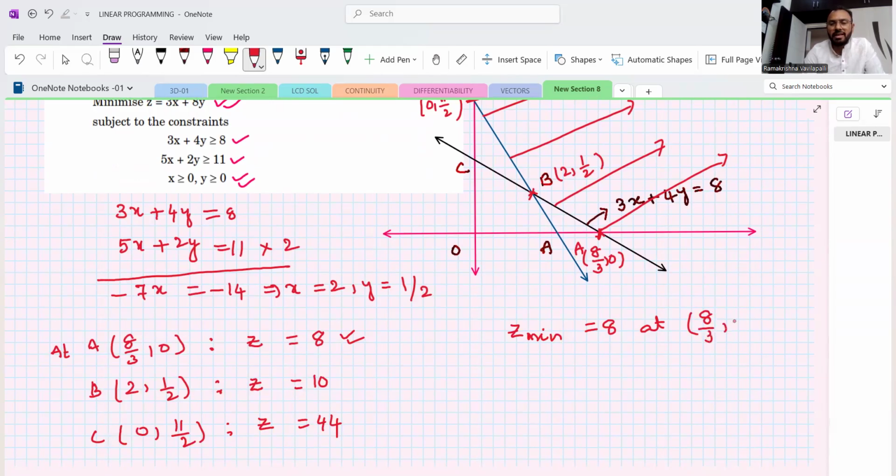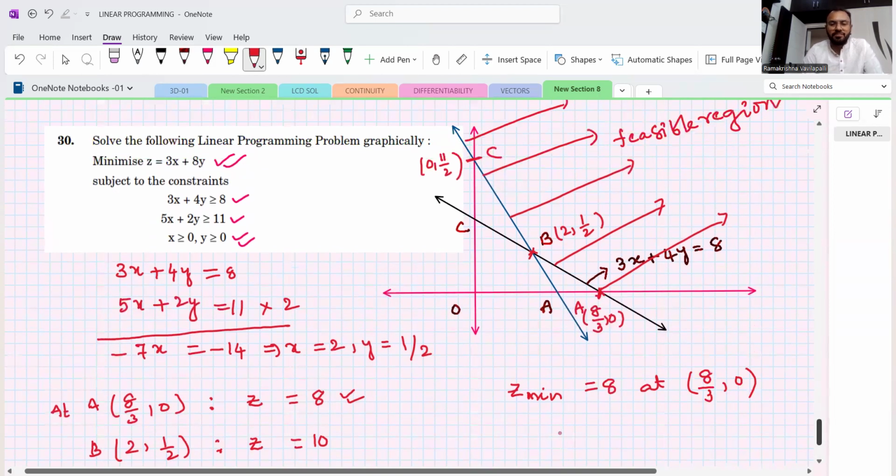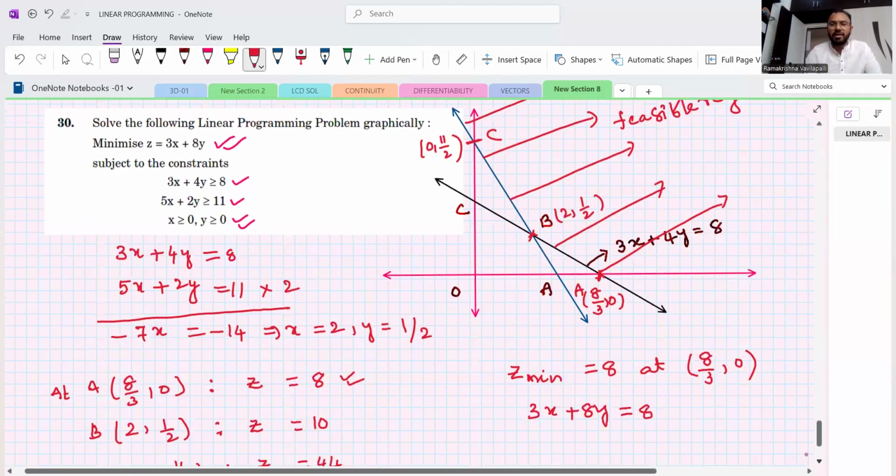But we have to check, because this is an unbounded region. What is the objective function? 3x plus 8y equal to 8. If you can find some other value less than 8, then it has no minimum value.